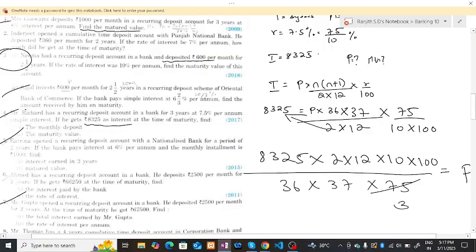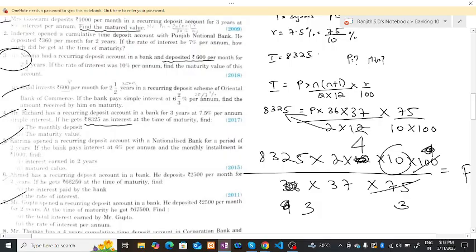25 threes are 75, 25 fours are 100. Ones are 4, 9 times. Threes are 3, fours are 12.